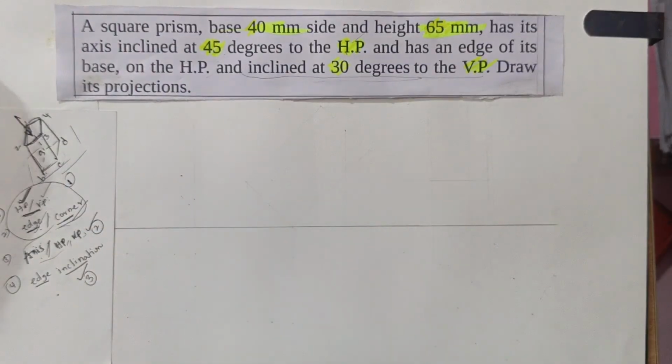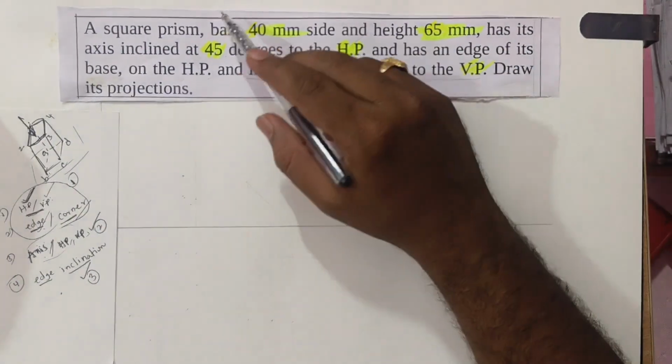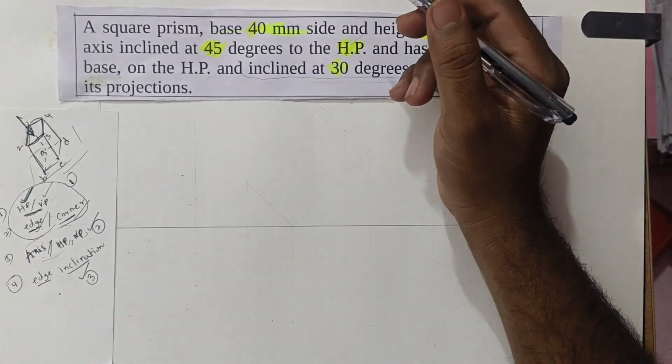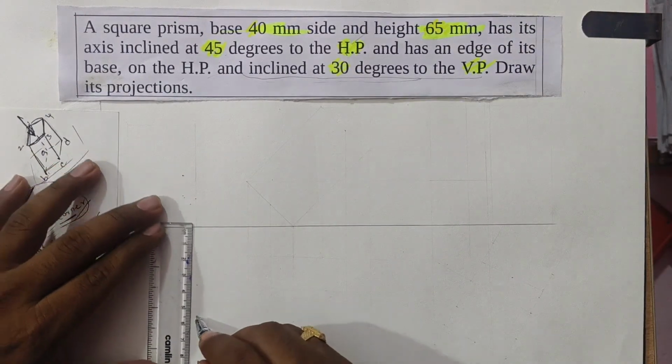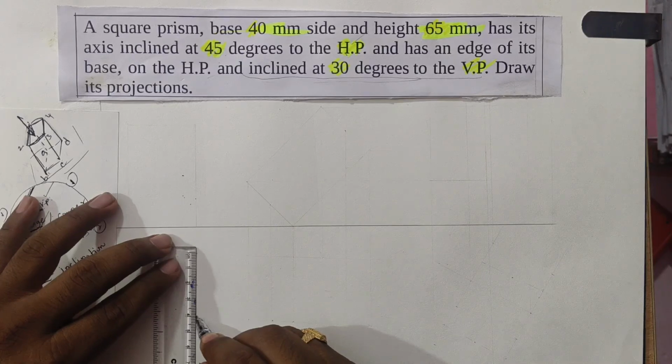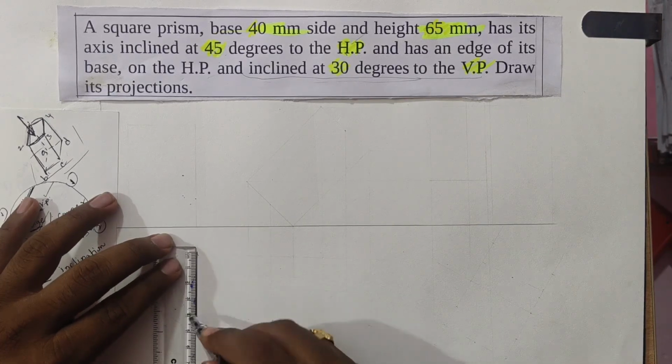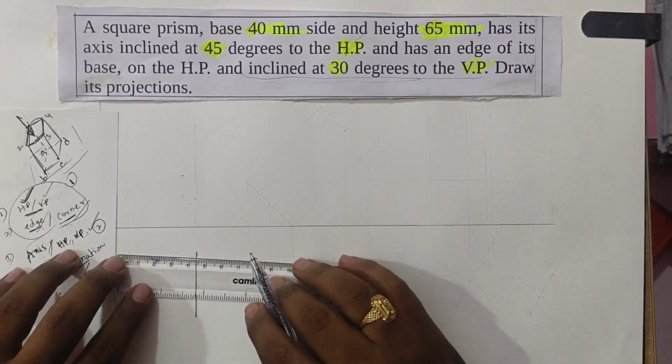Here it is a square. And what are the dimensions of the square? 40 mm each side. I am going to draw the square with 40 mm sides, and perpendicular to this one.